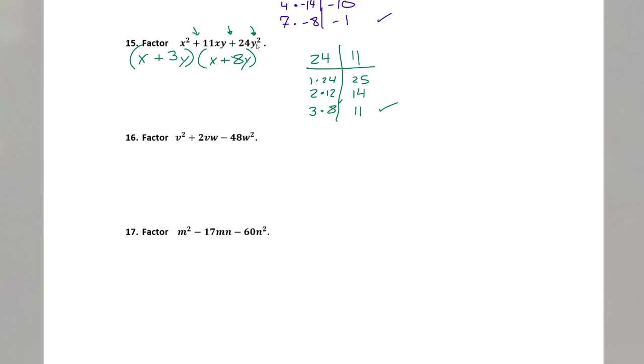Okay, I know that variable at the end and in the middle may be throwing y'all off, but all we're doing is just tacking that on at the end. It'll be fine, okay? Because x times x is x squared, x times 8y will be 8xy, 3y times x will be 3xy, 3y times 8y gives us our 24y squared.